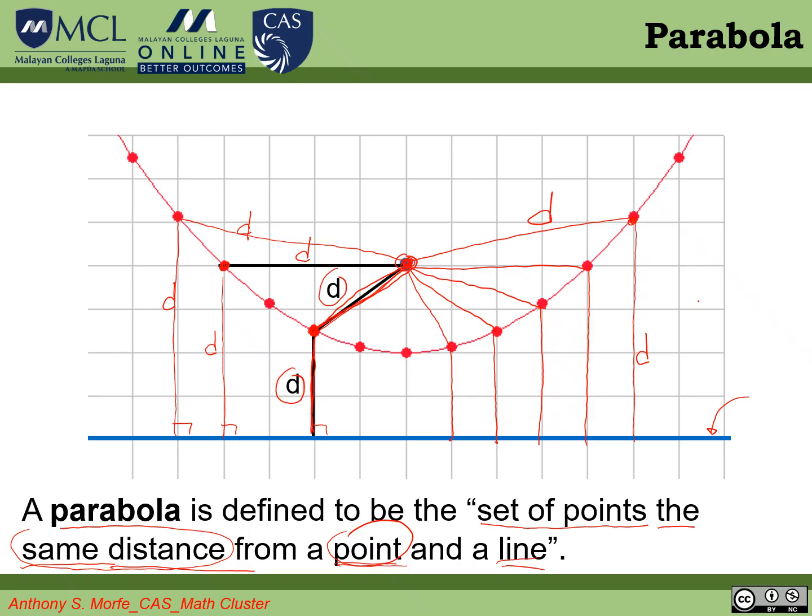So the concept here is, if we call this distance d1 and this distance d2, then distance 1 equals distance 2. That is the concept of parabola. And we will derive equations, the standard form and the general form of the equation of a parabola, using this concept.